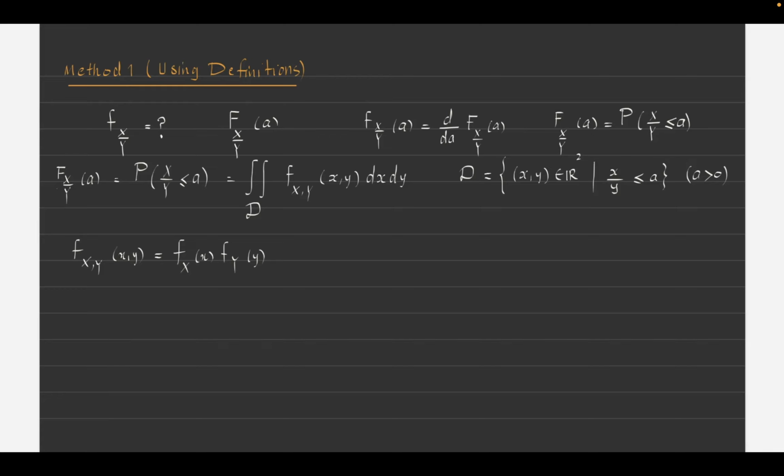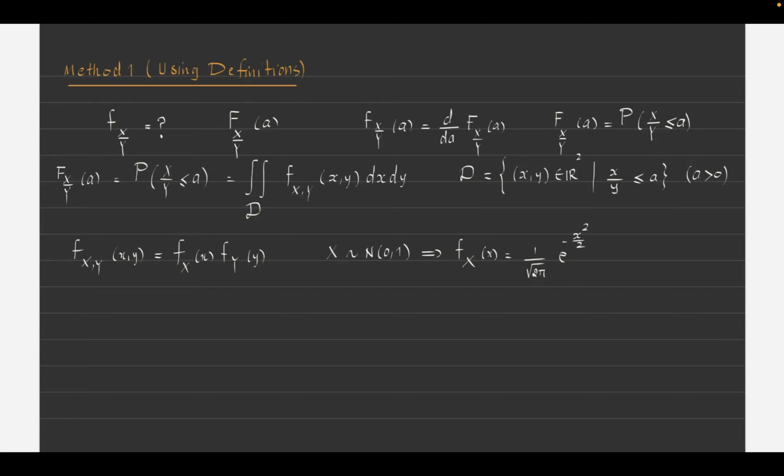That's no problem, because this is given to us. They have told us that x has the standard normal distribution. So what does it mean? It means that f sub x of x is equal to 1 over square root of 2 pi times e to the power minus x squared divided by 2.